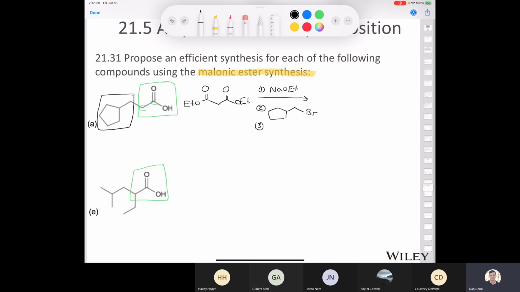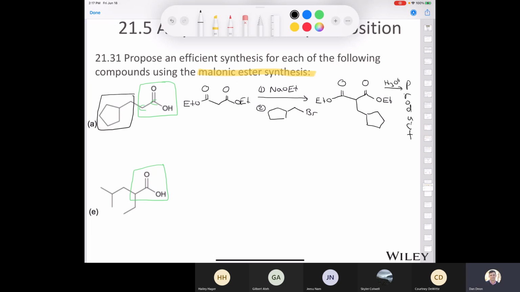I'll write out the structure like this. Okay, so I'll put in my 2 ethyl groups. There we go. And then we'll just say after the last step, which is H3O plus, we get the product. So I'll write down your product.